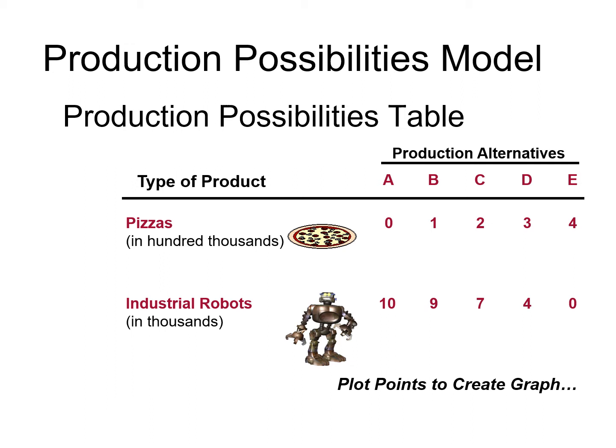At A, there's no consumer good production, all robot production. However, society wants some level of pizza output. They want some consumer goods. Therefore, some resources are reallocated away from producing capital goods into producing consumer goods. As we move from point A to point B, pizza production increases by 1, but there's a cost.